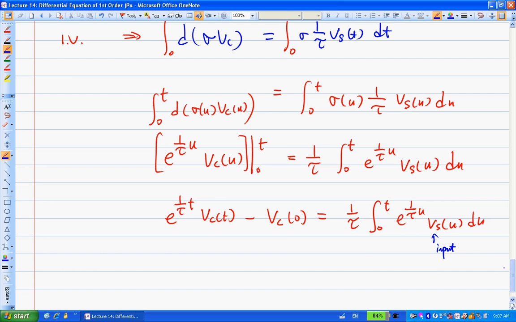Okay, so now move this Vc naught to the right side, and divide by e to the power of t over tau. Let's see what happens.